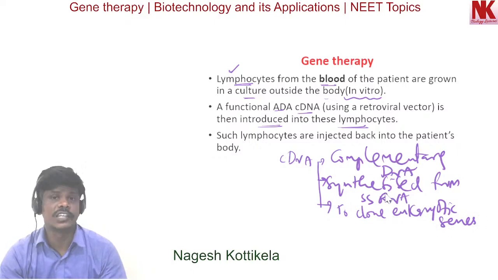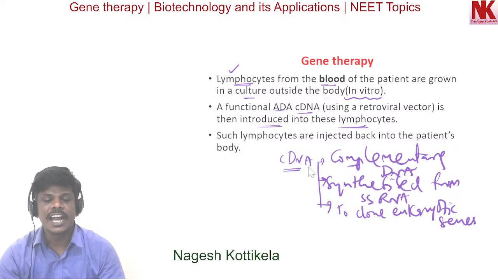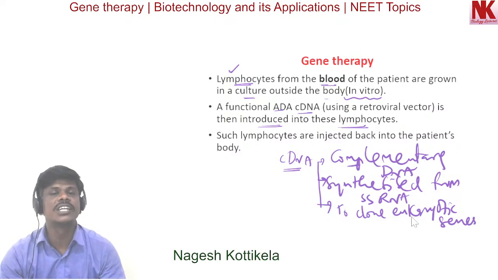So this is the importance of cDNA. cDNA stands for complementary DNA. It is synthesized from single stranded RNA, and cDNA is often used to clone eukaryotic genes in prokaryotic cells.